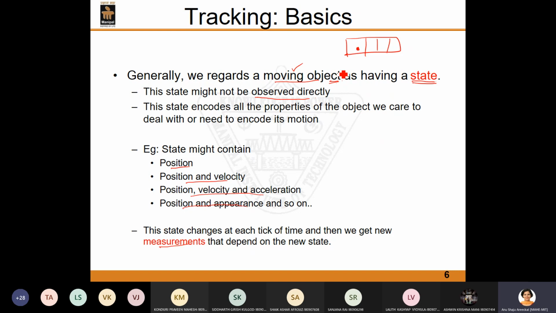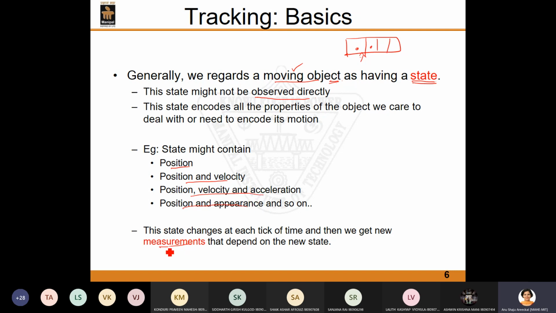And then in the second frame, you again find out that same quantity, and like that you keep on going. So that particular quantity which is of interest to us may be different. It may be position and velocity, sometimes velocity and acceleration and so on. But state can mean any of these combinations.